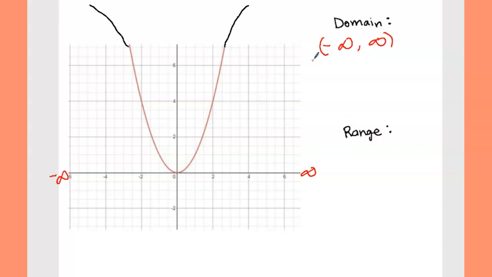That's what we call the set of all real numbers. We can also write it in set notation in terms of x: negative infinity is less than or equal to x, which is less than or equal to positive infinity.